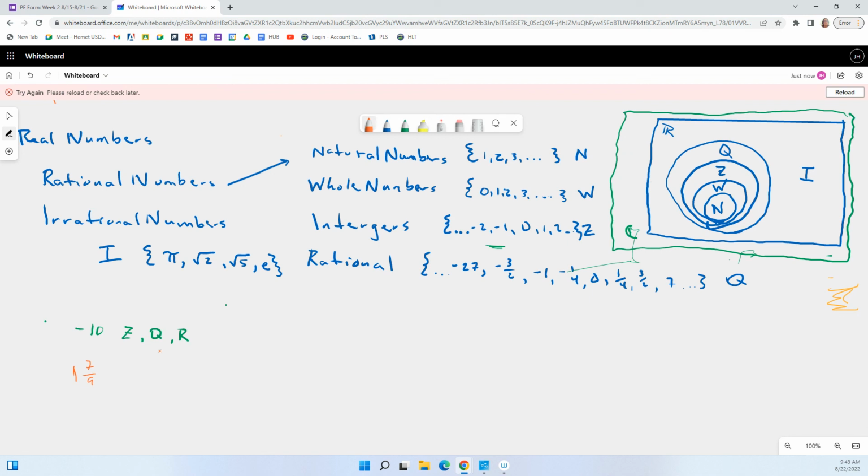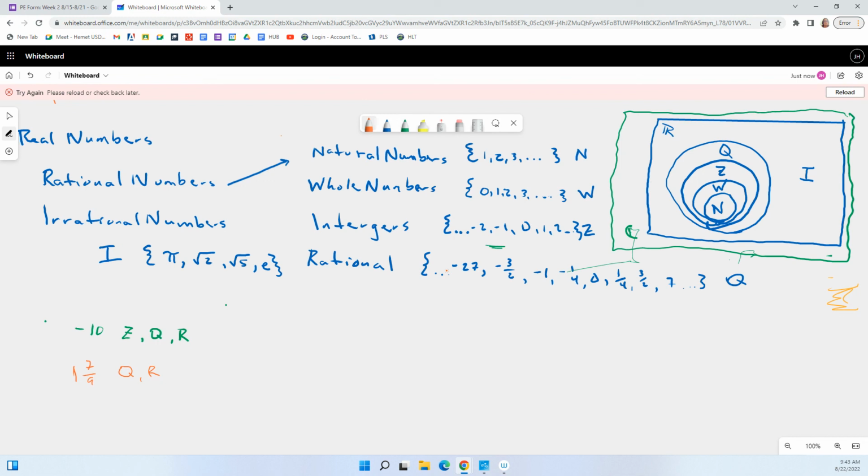It's not going to be a natural number. It's not a whole number, either positive or negative, so it wouldn't be an integer either, because we have to have whole numbers in our integers. So it's just going to fall under the category of rational numbers and real numbers. Does that make some sense? Once we know that it's a rational number, all it can be is rational and real, if rational is the smallest.